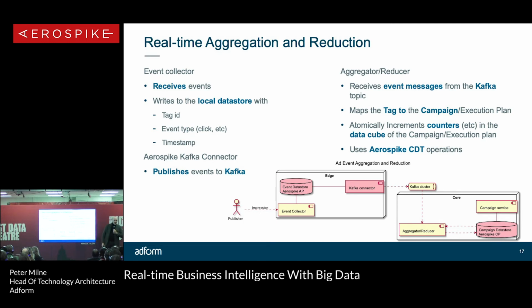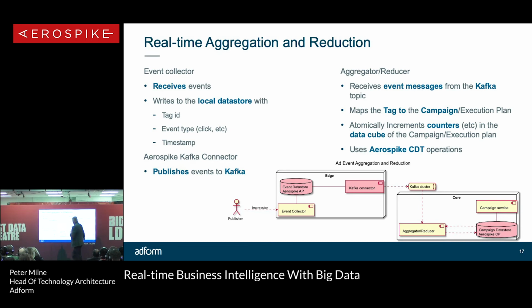Then you have an aggregator that reads from that and does the aggregation or the reduction of data from single events into statistics that you use. These statistics might be a simple counter, they might be a histogram, or they might be a standard distribution, standard deviation, all of those things that everybody wants to do. And you would code that in there. That could be something like a Spark job, or it could be just code.